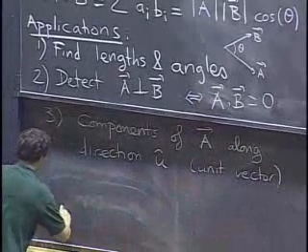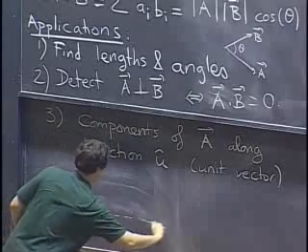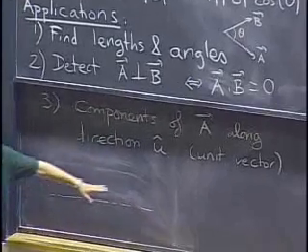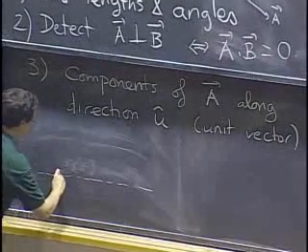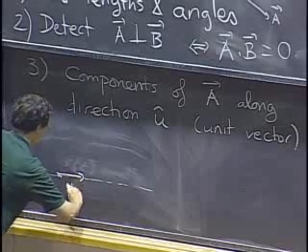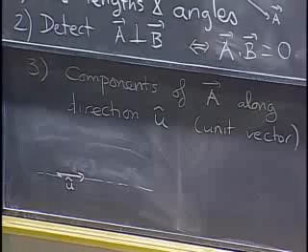Let's say that I have some direction, for example, the horizontal axis on this blackboard, but it could be any direction in space. And to describe this direction, maybe I have a unit vector along this axis.